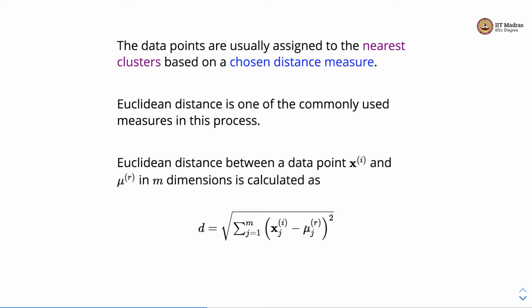So we simply sum up the square of the difference on each of the m dimensions between the point and the centroid, and we take square root of this particular inner summation, and that becomes the distance between the point and the cluster centroid.